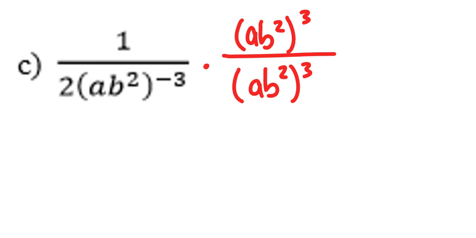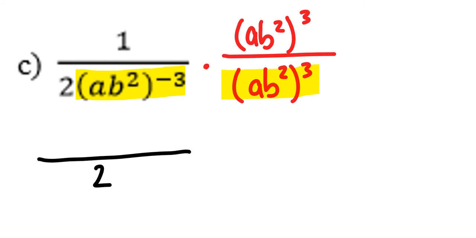In my denominator, when I multiply this original ab squared to the negative 3rd times the ab squared to the positive 3rd, I get ab squared to the 0 power, and anything to the 0 power equals 1. So my denominator now just has the single value 2 in it.